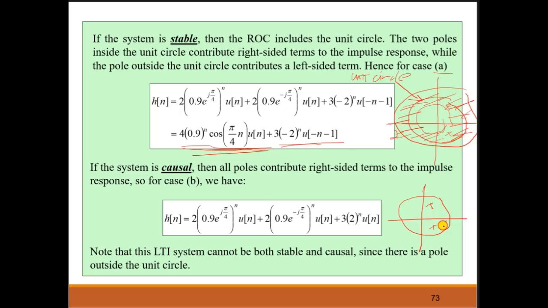Then you have two tadi, kat luar ni. So here, this one is outward, and then this is also outward. Kan, out daripada dua.